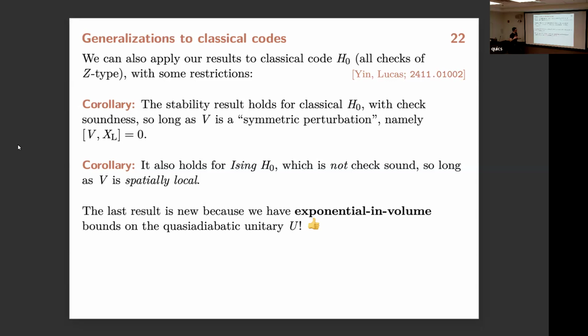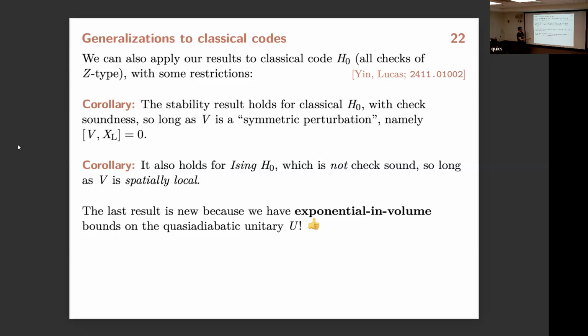Ordinarily, one derives these quasi-adiabatic unitaries U and controls their locality by Lieb-Robinson bounds. When you have Lieb-Robinson bounds, you can grow an operator potentially to be very large, and the weight of this large operator is suppressed only exponentially in the diameter of the set you act on.